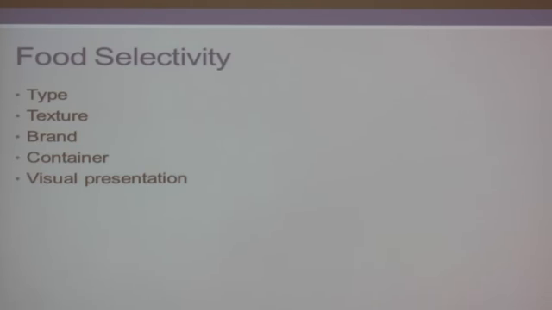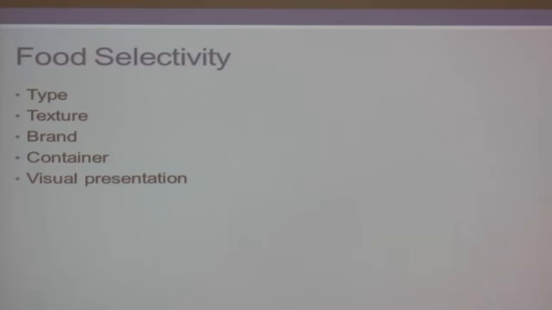So perhaps they're eating only foods in the grains food category, whether it's frozen waffles, goldfish crackers, Cheez-Its, and maybe toast. Those are the foods that they stick to. Certainly, when we have that, we're not getting a varied diet and a balance of nutrients. So it can be the type of food.